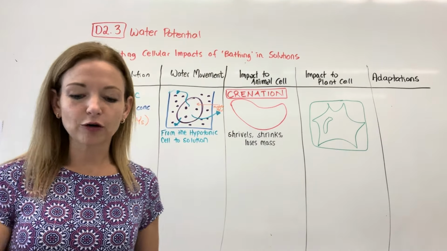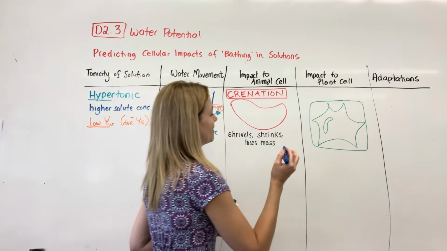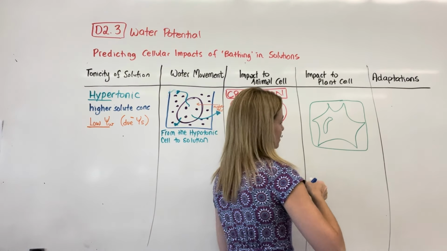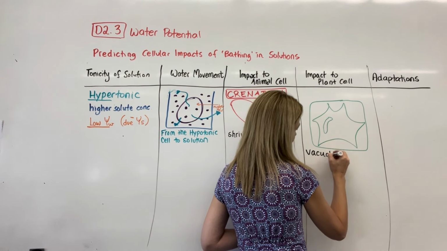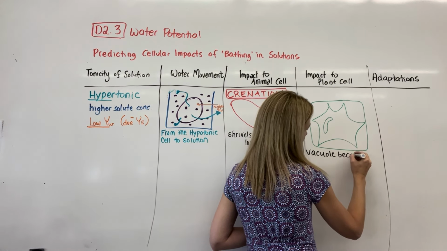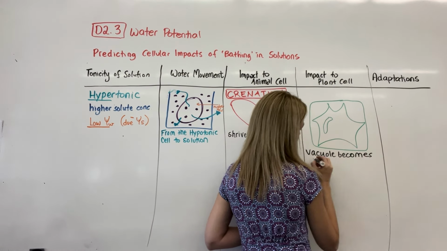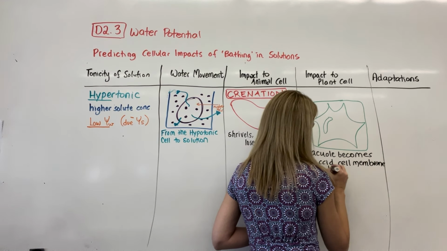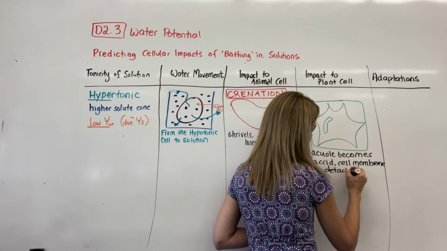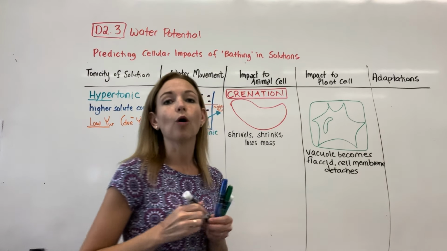And so the vacuole becomes flaccid and the cell membrane detaches. So vacuole becomes flaccid. And the cell membrane detaches.